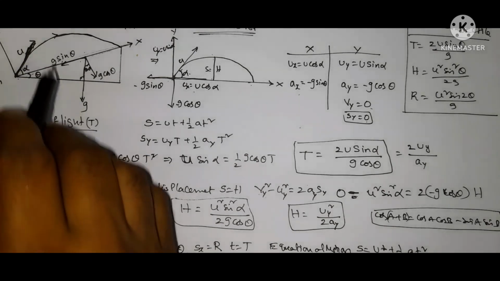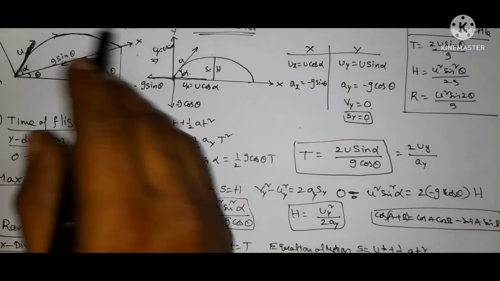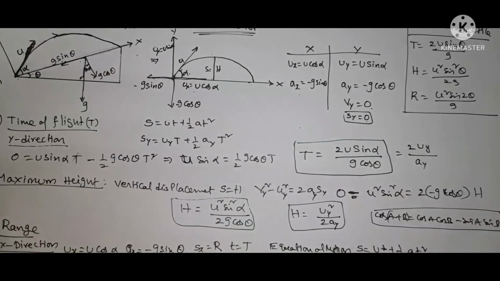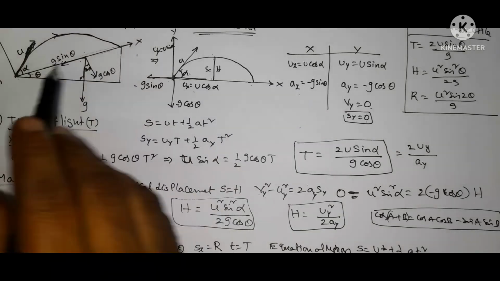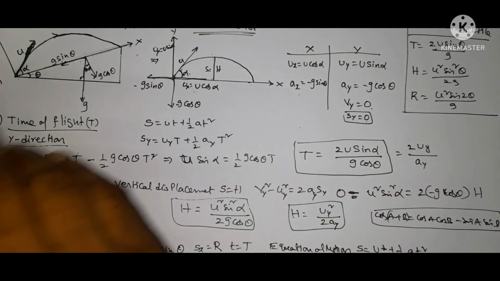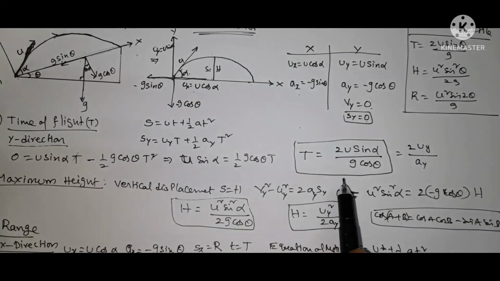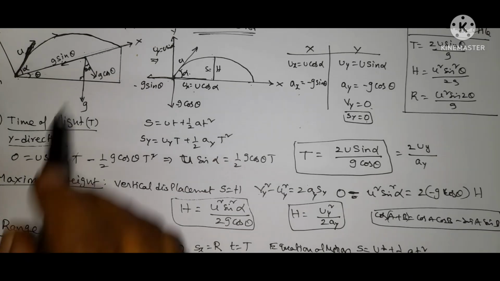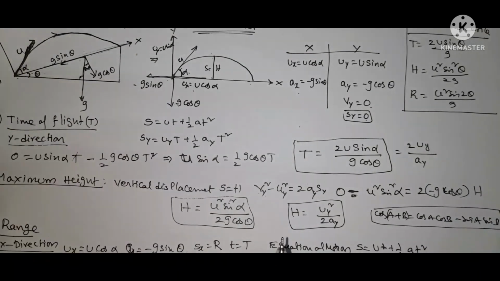That means in the y-axis there is no change in direction, so in both cases the time of flight and maximum height are the same, whereas in the case of range, it will change.